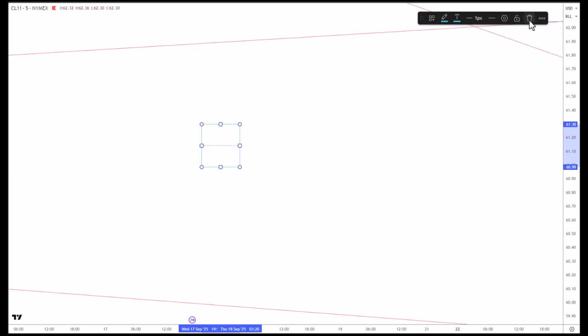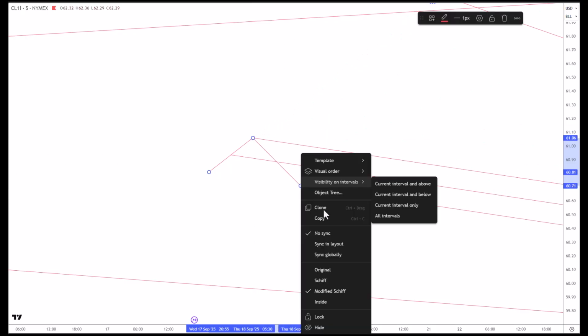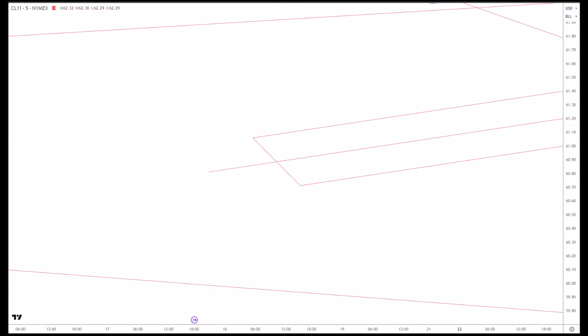Okay, so what does a fork tell us? A fork generally tells us the relationship between three pivots. But essentially what it gives us is the sine wave, right? What is a sine wave?